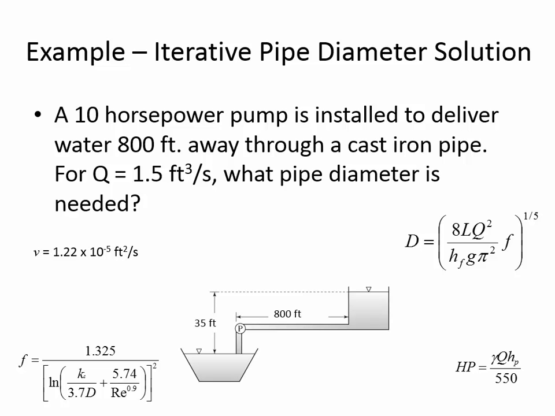It's not like any flow rate will do. We want Q to be equal to 1.5 cubic feet per second. And so we have to find out the perfect pipe size that's going to make this all work. And remember, every time we change the pipe size, we change the velocity, Reynolds number, F value. So there's a whole chain of consequences that we have to be ready for.